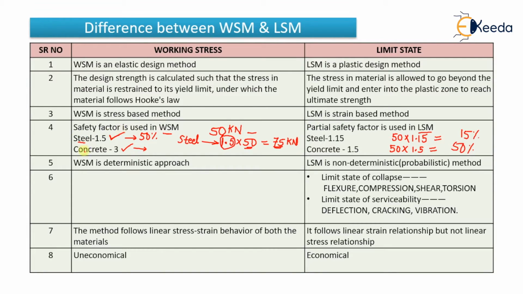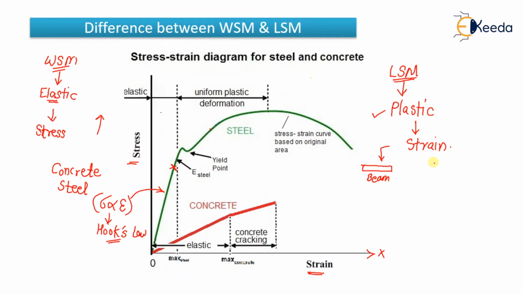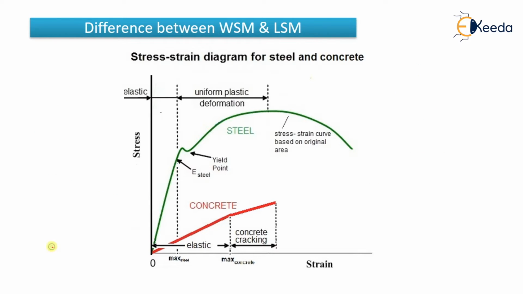Then working stress method is a deterministic approach. This method has a deterministic approach, and limit state method has a non-deterministic or probabilistic approach. Now I'll explain this. If you don't understand this, I'll explain. It says two words, I'll write it here.